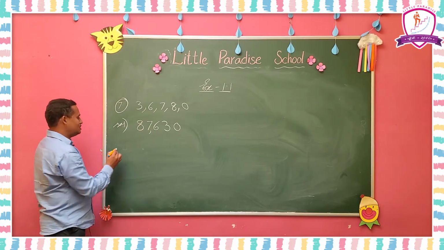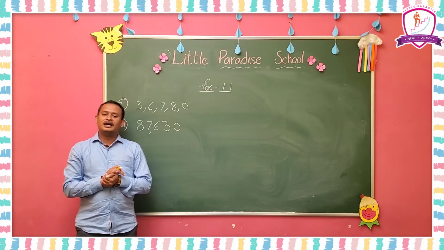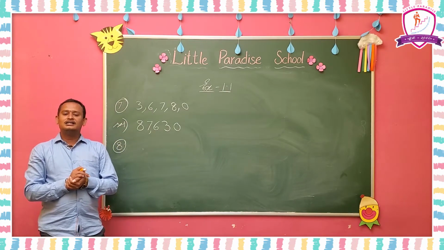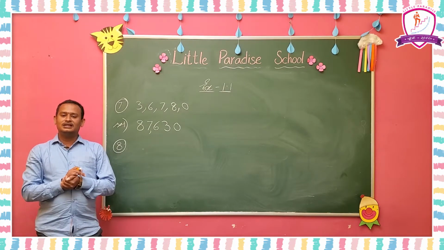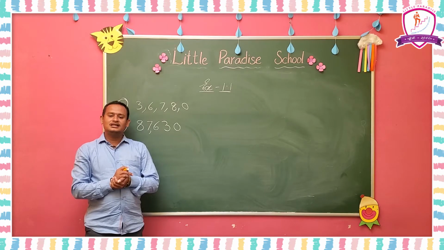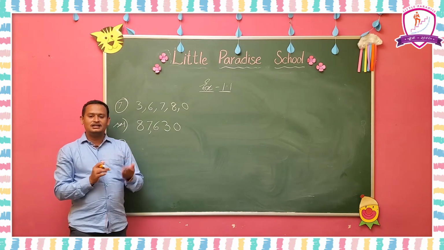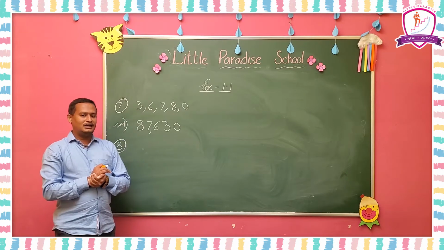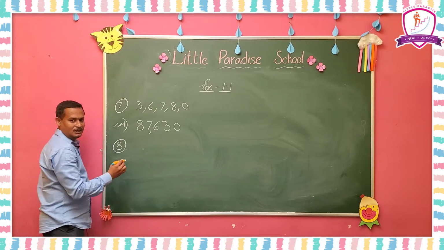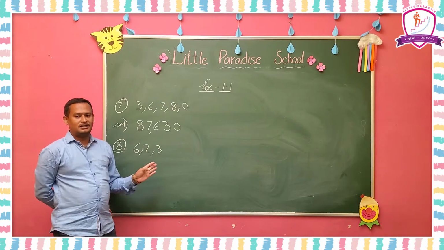And in the eighth question, form the greatest 5 digit number using the digits 6, 2, 3 when repetition of digits is allowed. So you can use any digit and repeat it again. Here only 3 digits are given. What are the digits? 6, 2, 3. Any digit you can repeat.